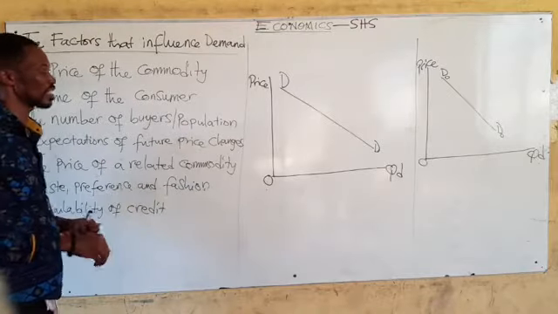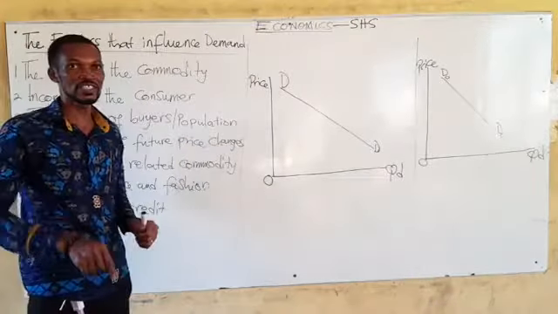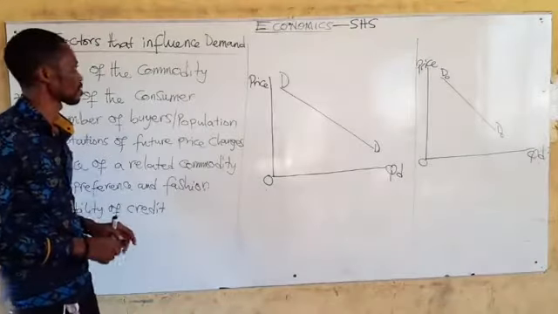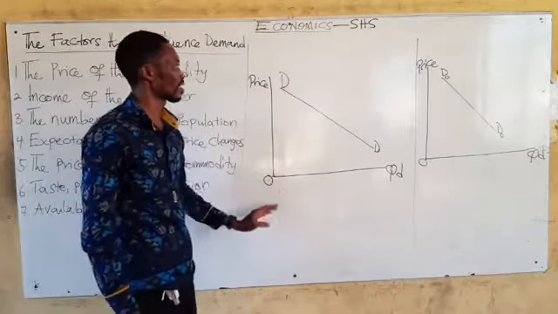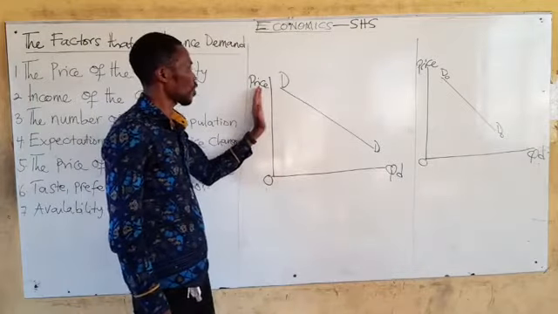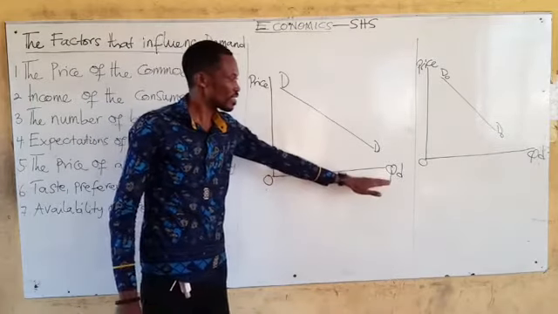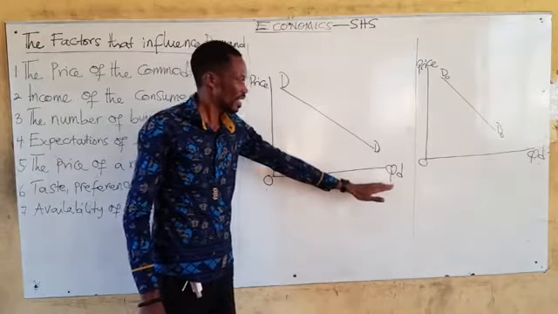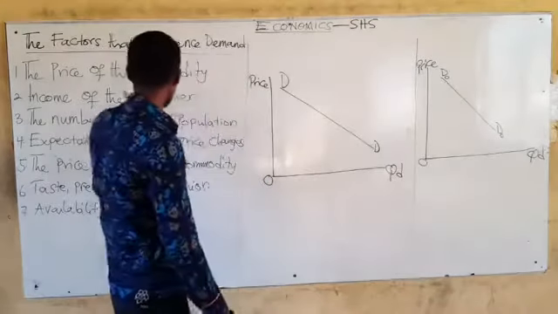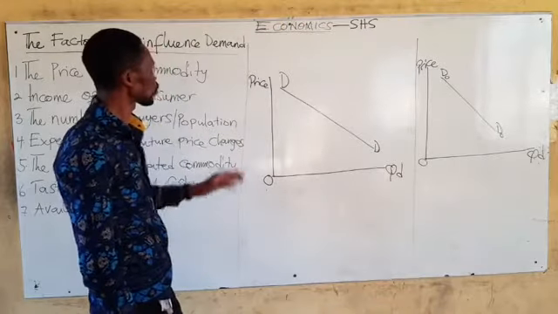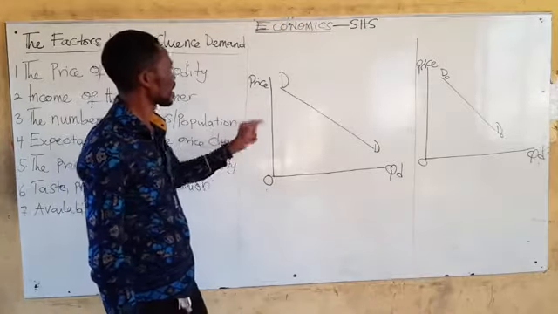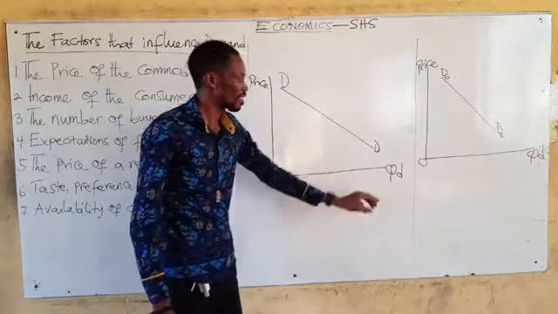And we often say the price of the commodity itself. If you look at the demand diagram here, it has price on the y-axis, quantity demanded on the x-axis. And so we have the two variables here, price and how it affects quantity demanded.